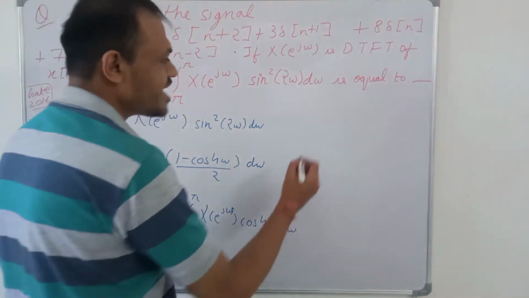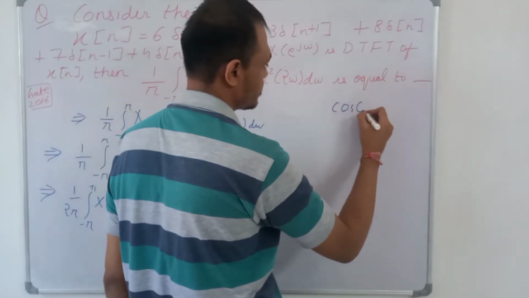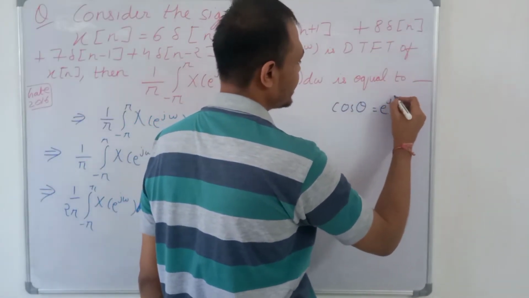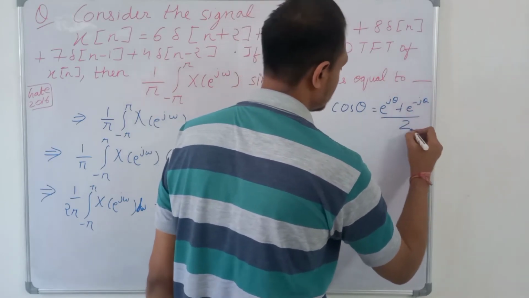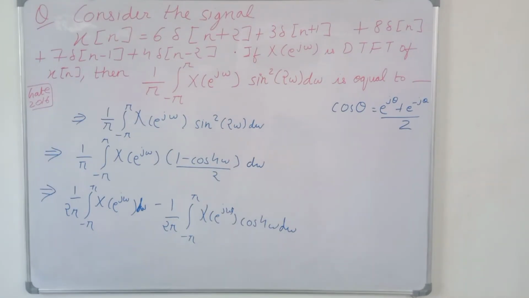Now cos theta can be written as e to the power j theta plus e to the power minus j theta upon 2. So we can write it like this.